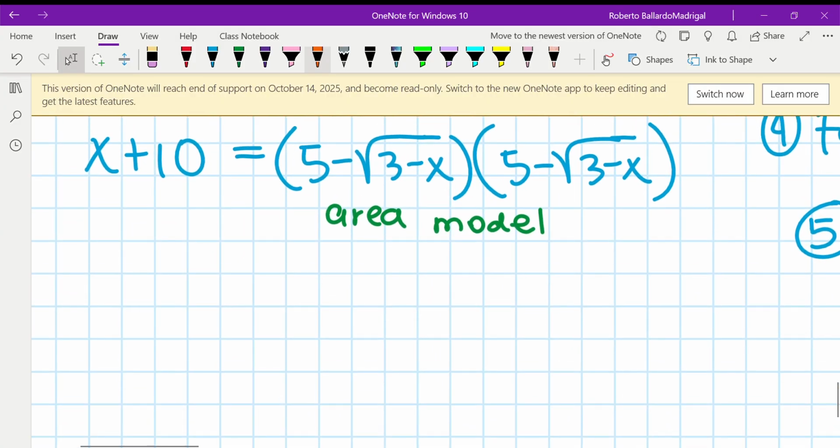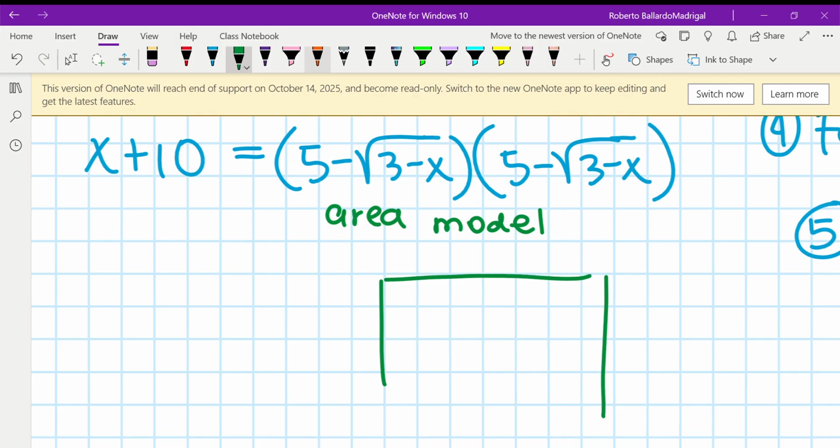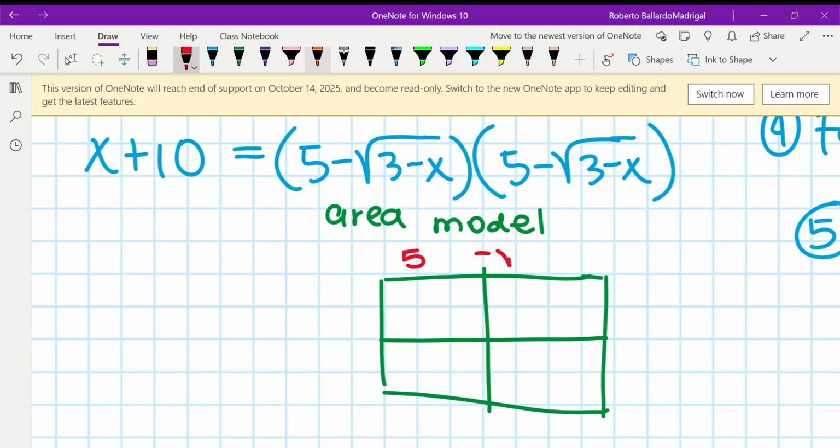We'll do this down here. 5 minus radical 3 minus x, 5 minus radical 3 minus x.